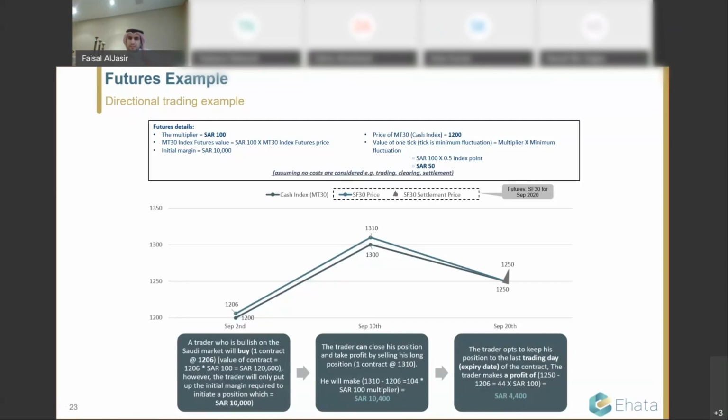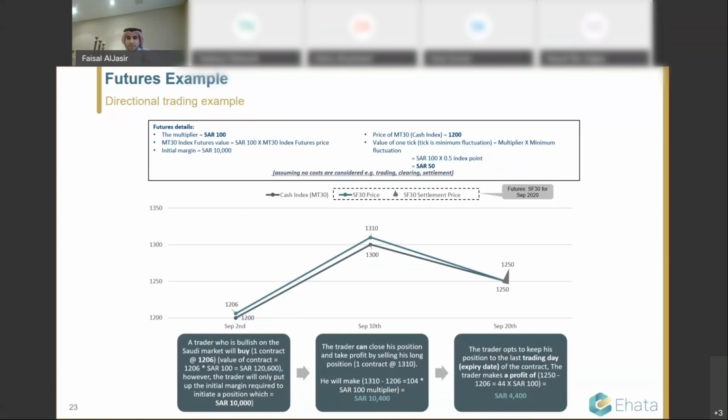However, there is a difference between exposure and the amount of money that you will need to put, and in this case, the amount of money that you will need to put is the initial margin. As we discussed, when you open a position, you need to put an initial margin. In this example, it's 10,000 Saudi Riyal, or can be 10%. So when you put the initial margin, that's the position you have entered.